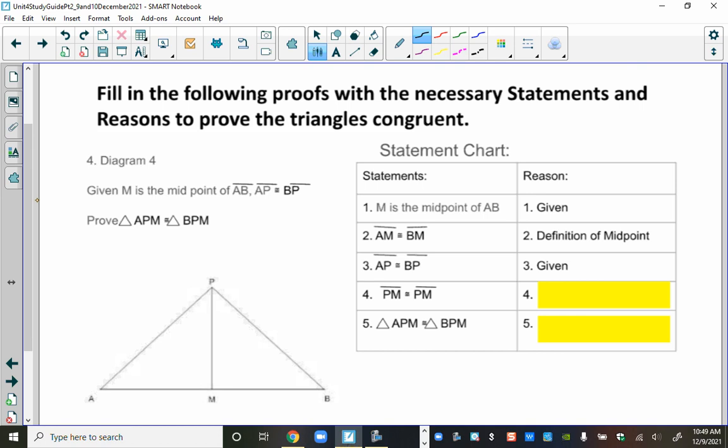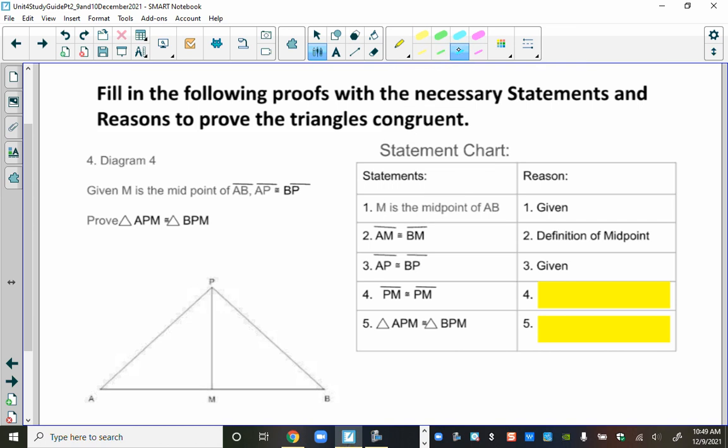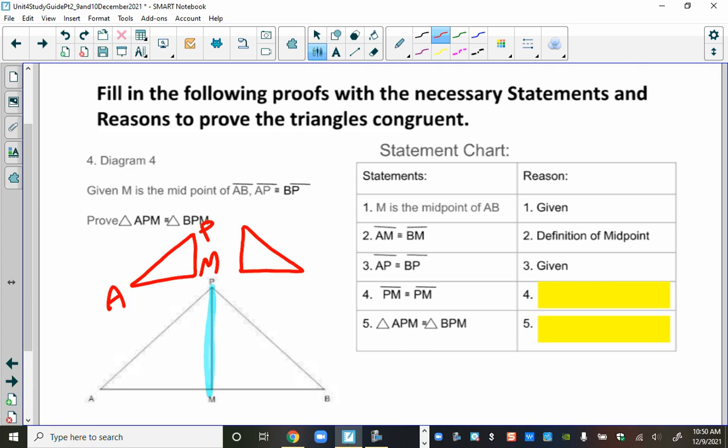This is going to mirror everything. So that's your mirror. APM. BPM. Okay. Got that.